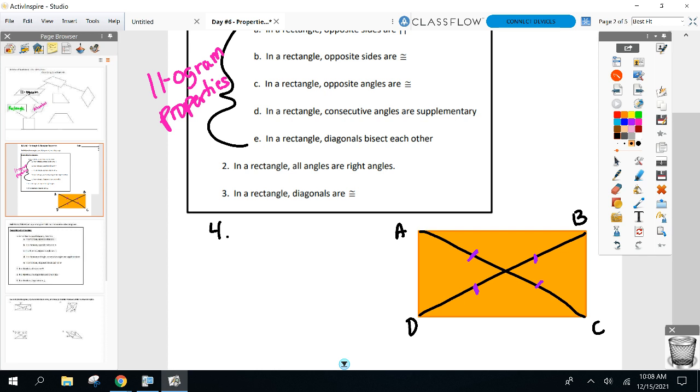Everyone see the 4 triangles that are formed? What type are they? Thank you. Diagonals form 4 isosceles triangles. That's a property of a rectangle I'd like you to remember.